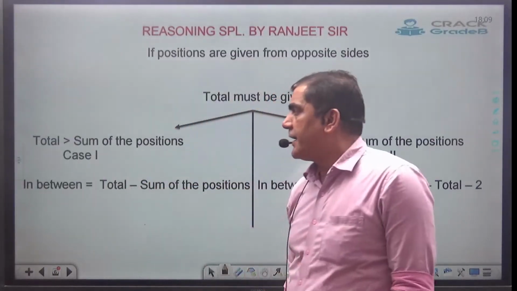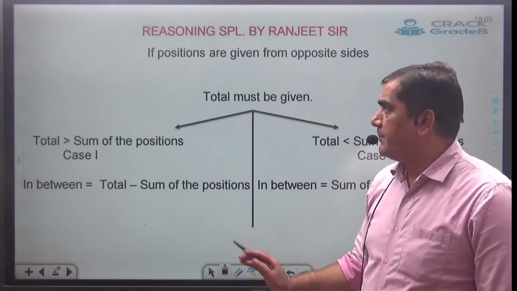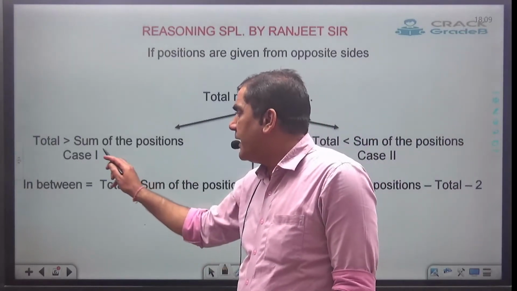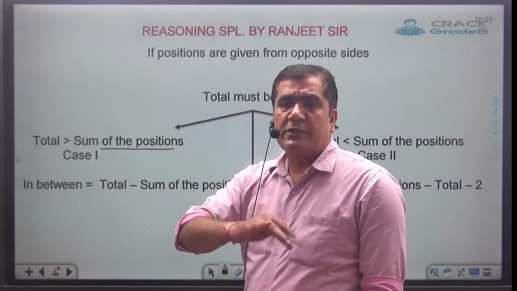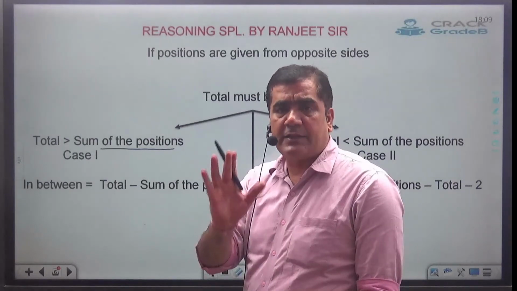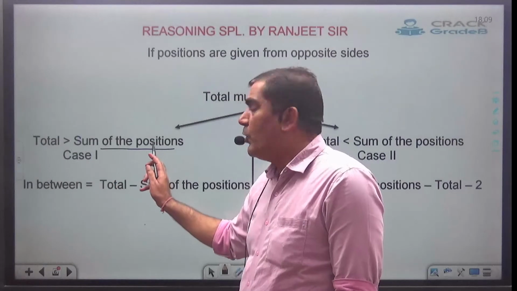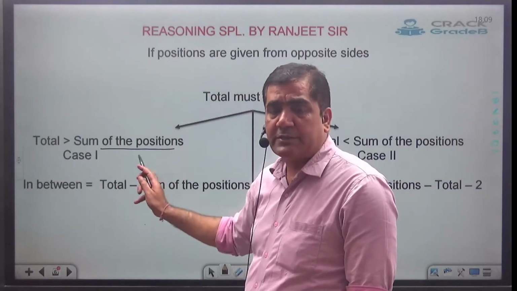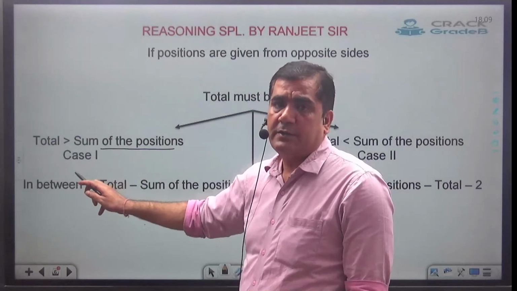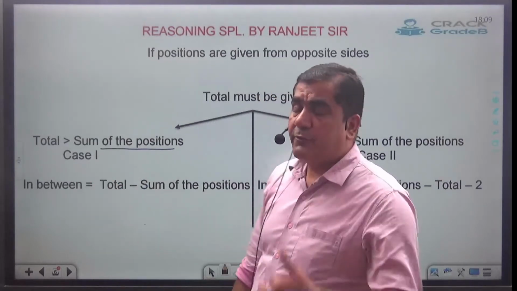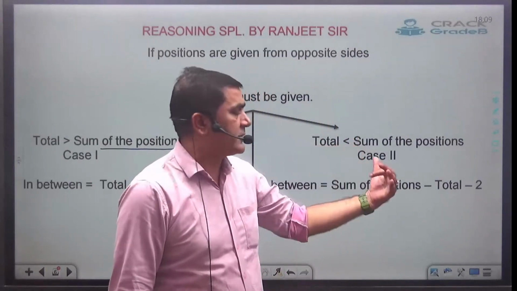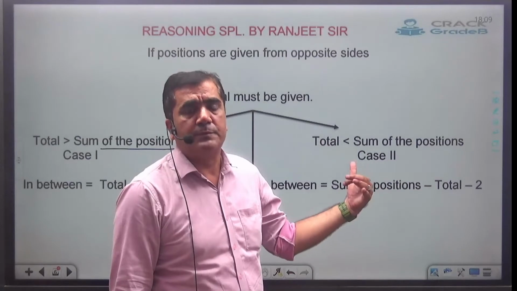See, how to check case 1 or how to check case 2. Simple. Whatever positions of P and Q they have given, simply add the positions. And if total comes out to be more than the sum of the positions, that will be case number 1. And if total is going to be less than the sum of the positions, that will be case number 2.